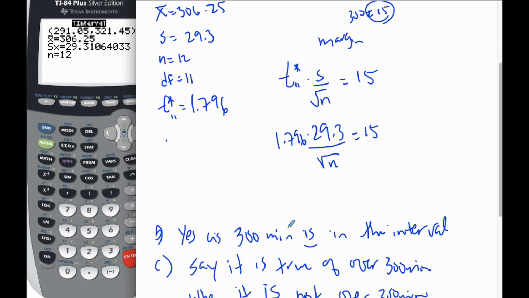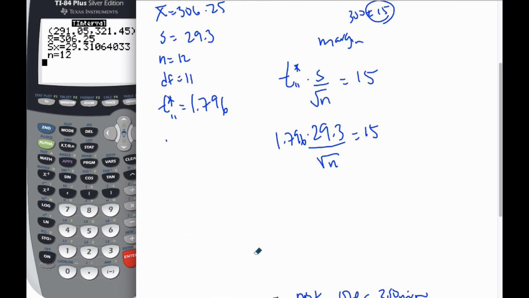If I rearrange that, I'm going to flip the fraction, multiply, and so on. So I get the square root of n is equal to 1.796 times 229.3 over 15, and I'm going to take this and square it.